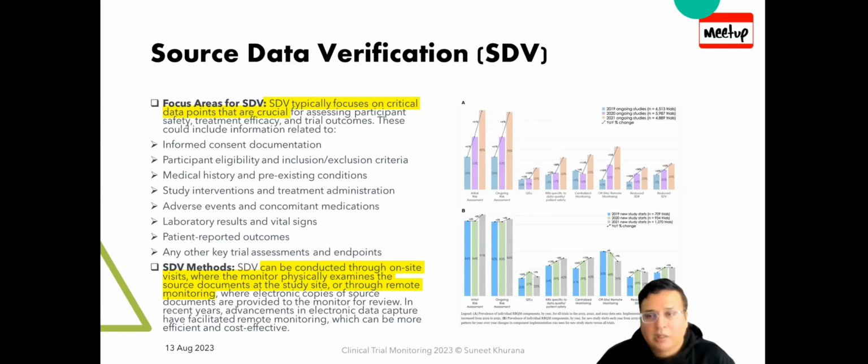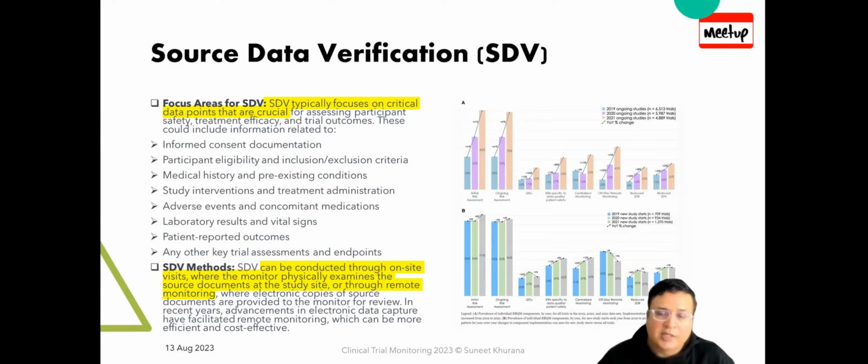It will be all the SDR, all the data review, and all the verification of every single document that's there. The same goes if a patient was admitted to the hospital: the monitor will come and look at all the documentation, everything about that patient.